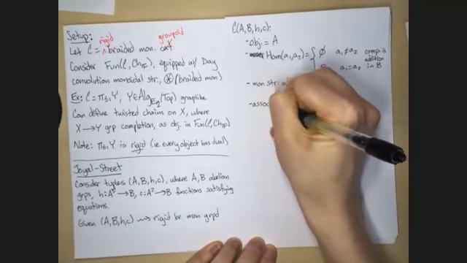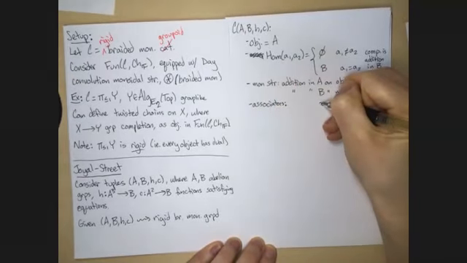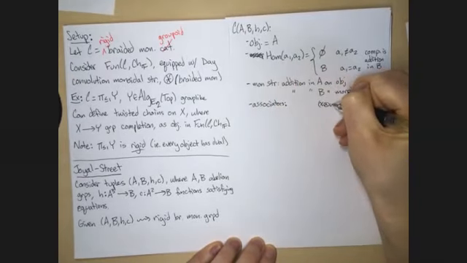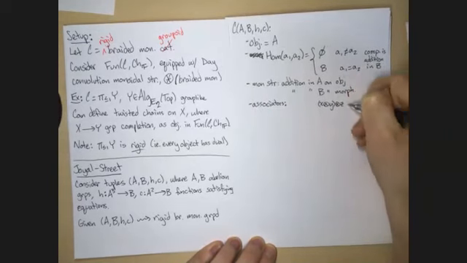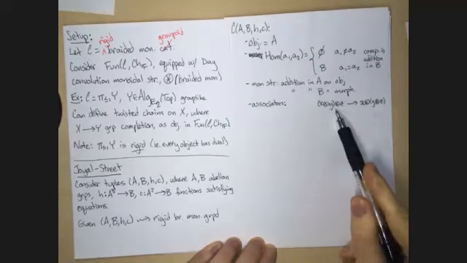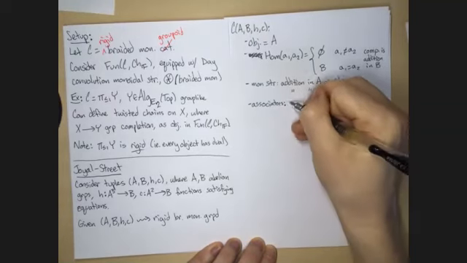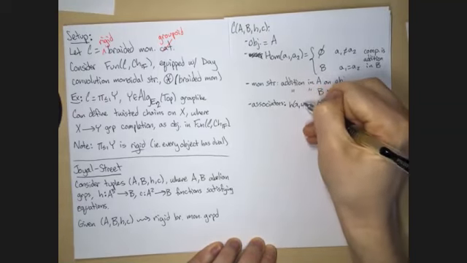So the associators come from H. So an associator should be a map from X tensor Y tensor Z to X tensor Y tensor Z. And remember, because A is a group, these two objects are literally equal. So a morphism should be an element of B. And this element of B is H of X, Y, Z.